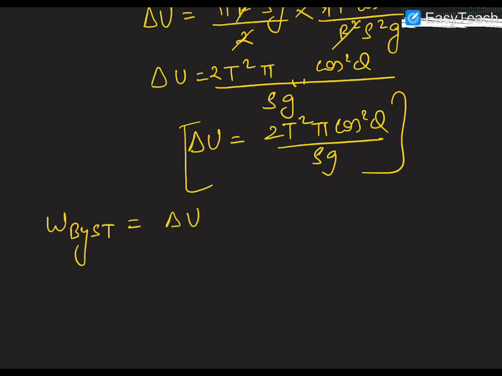The first one is the change in potential energy of the water, plus the other one is the heat loss. Because you can see that the change in potential energy of the water is just half of the work done by surface tension force. Therefore, some amount of heat is being lost in the process.